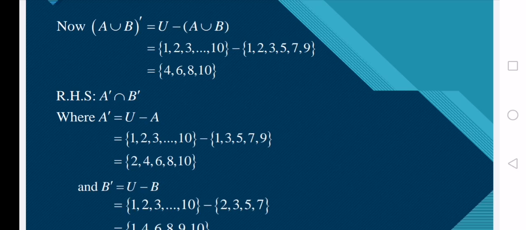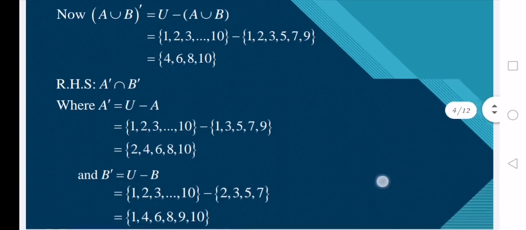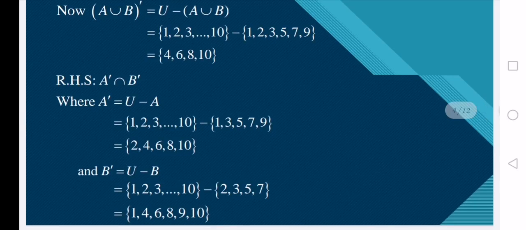On the right hand side we have A complement intersection B complement. Now we are going to find the intersection of two complements, but for this we must have these complements first. So first we find A complement. For this we will have to find the difference of the universal set and A. Universal set is 1, 2, 3 up to 10 and A is 1, 3, 5, 7 and 9. It would be equal to 2, 4, 6, 8 and 10.